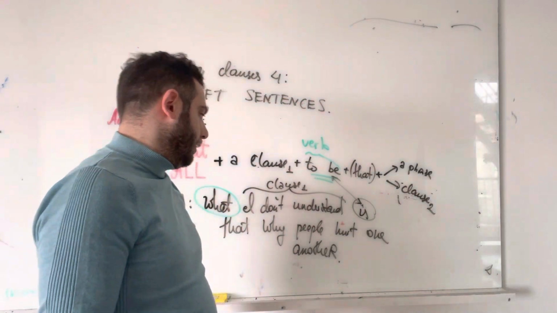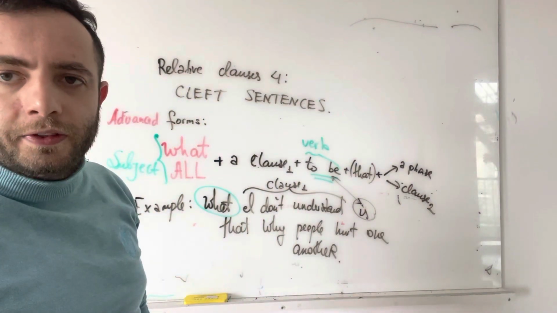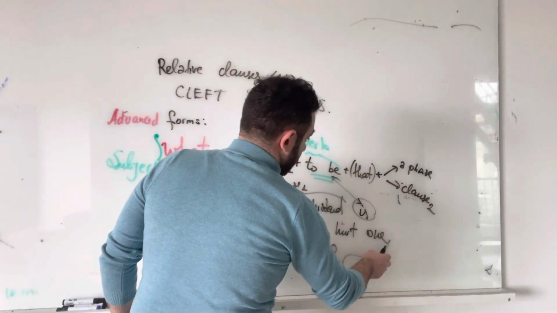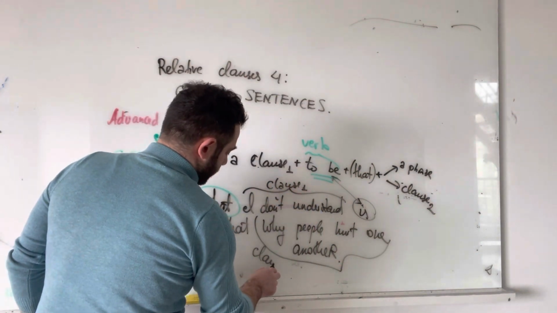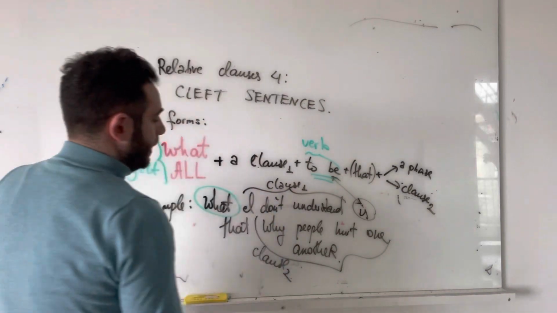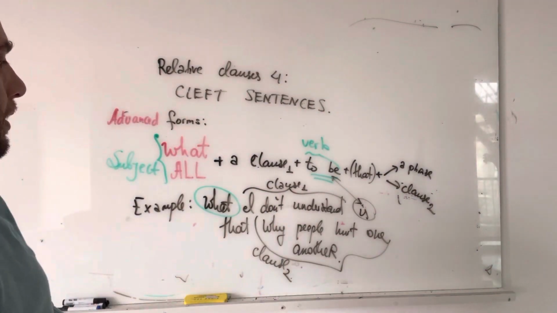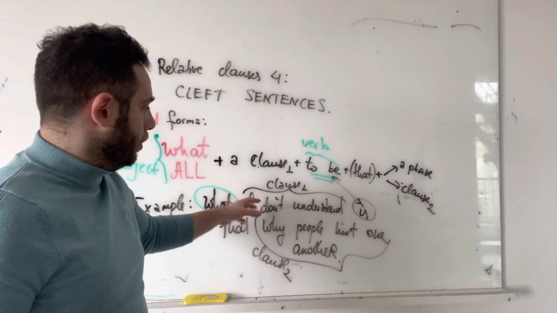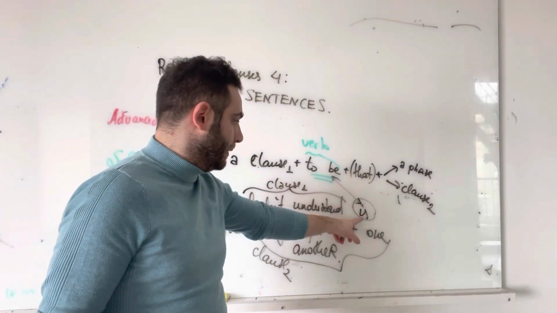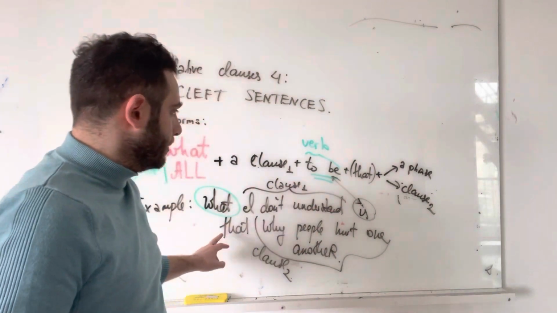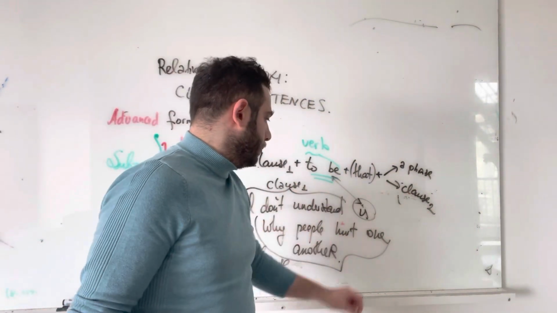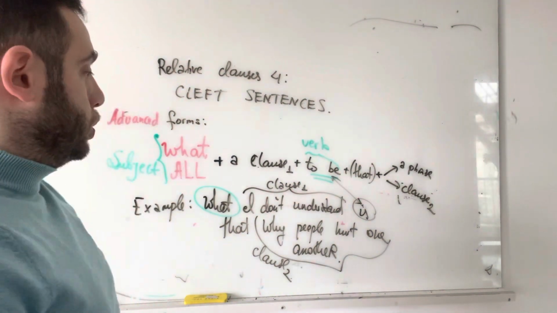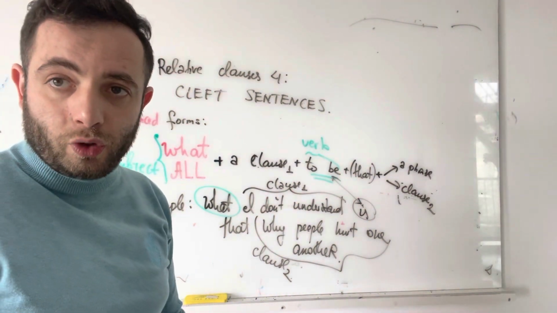Why people hurt one another? It's a normal sentence here, but it's complex. So this part, why people hurt one another, is the second clause, for example. I think it is pretty clear. The subject is what, and the clause I don't understand is clause one. To be is that, the same that, and clause two here, why people hurt one another. So I think it's clear to all of you listening to me or watching the video.